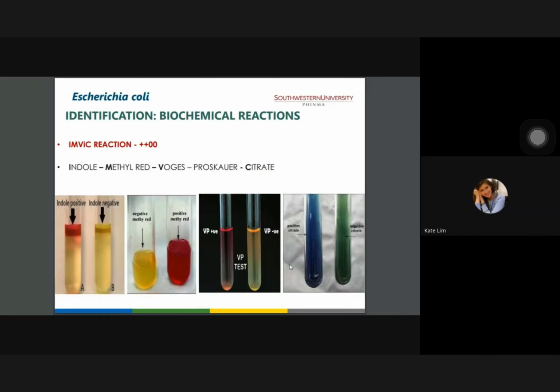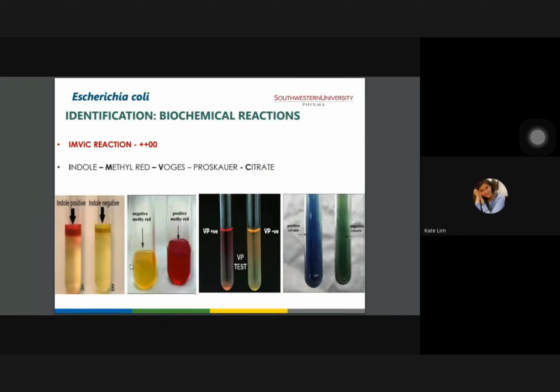So again, for summary, what we have here is positive for indole: we have a reddish pink ring on the reagent layer. Negative for indole, no color change or yellow color. For methyl red, a positive result is still red in color, negative is still yellow or orange.